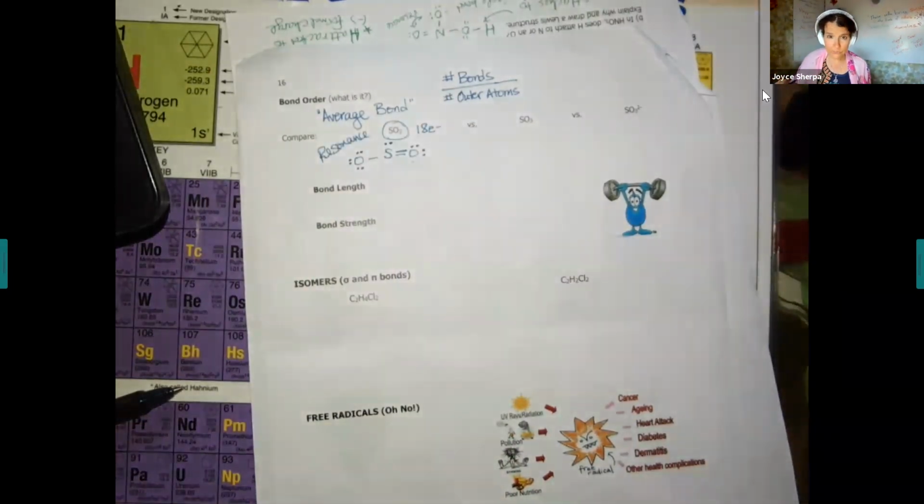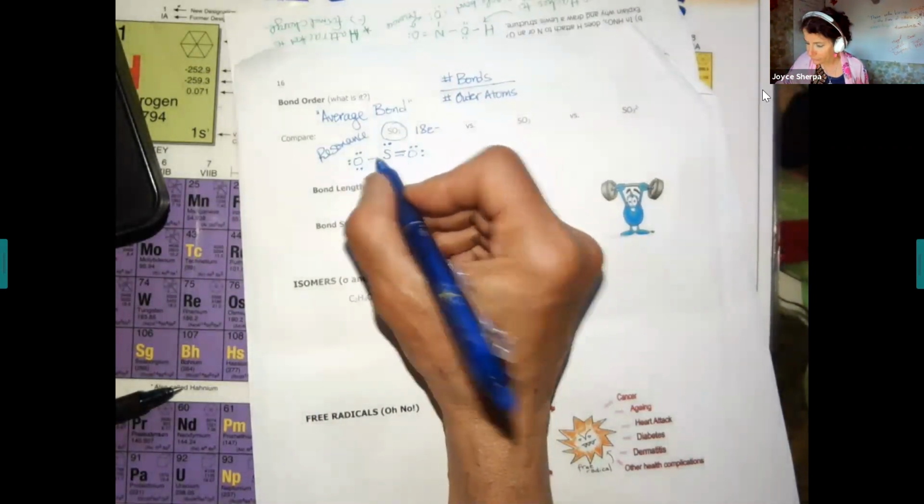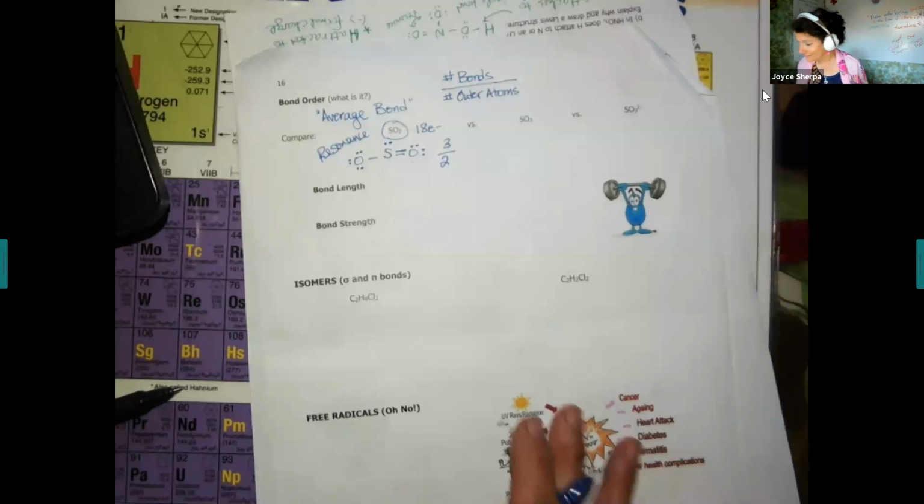So to do the bond order, we would say there are 1, 2, 3 bonds, and then there are 2 atoms. So we would say the bond order is 3/2. Or if we average a double and a single, you get 1.5. So it's really up to you if you want to average them or count the bonds, count the lines, divide by the number of linkages.